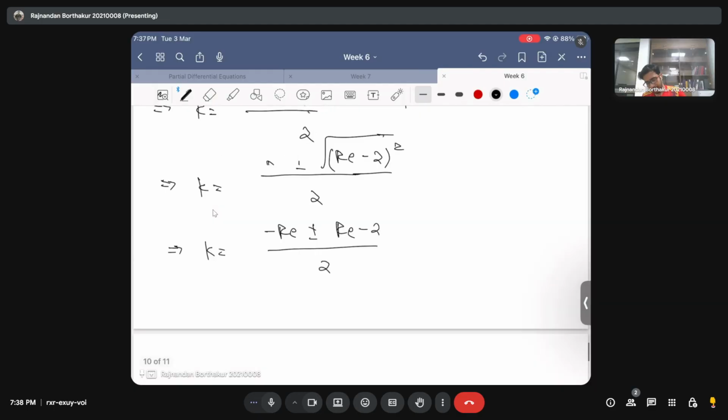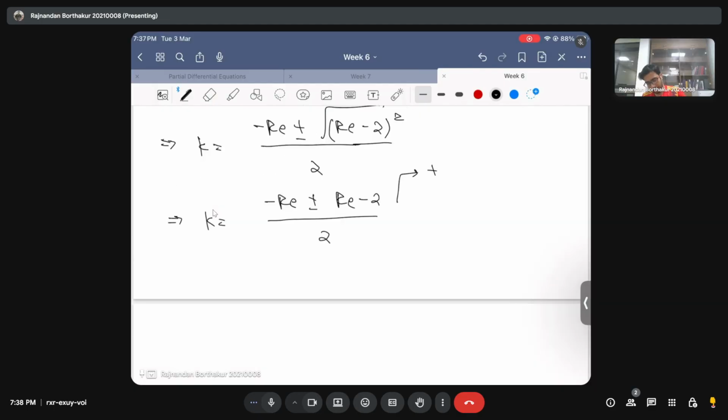So if I take the plus sign, the positive sign, I will get k1 to be equal to minus 1, I believe, because minus Re and plus Re will get cancelled, and minus 2 by 2 is going to be minus 1.